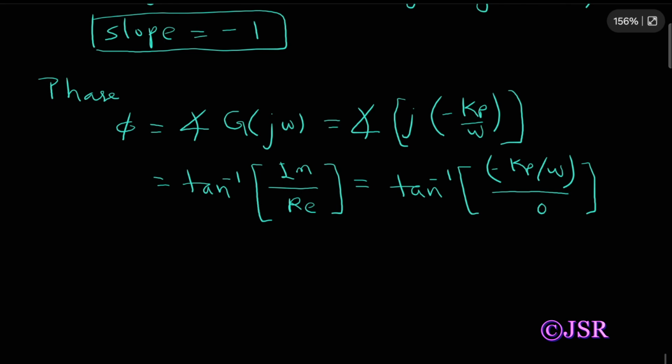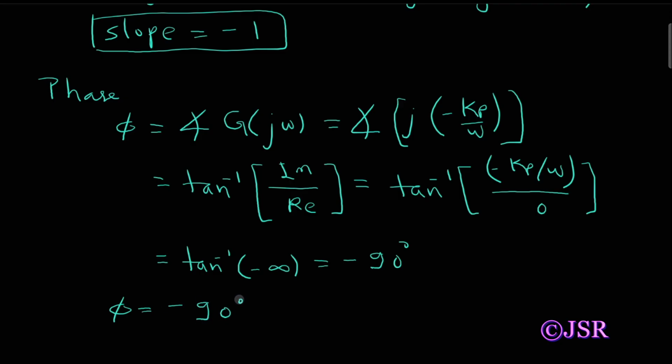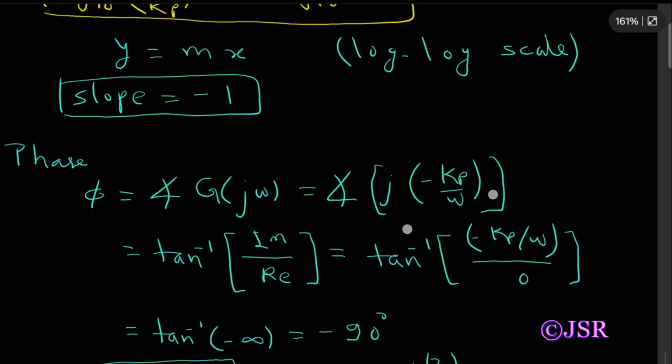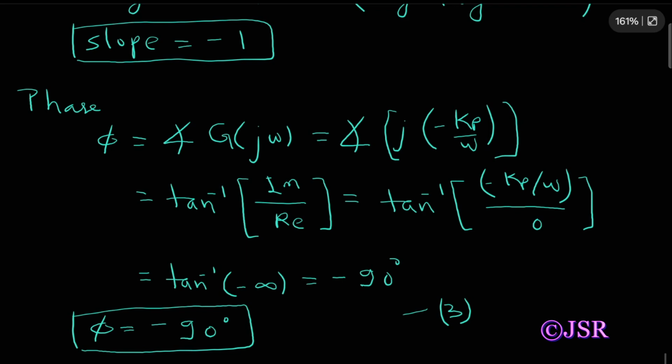So we will have tan inverse of minus infinity, which will be equal to minus 90 degree. So phi will be equal to minus 90 degree for phase shift. This is equation number 4.